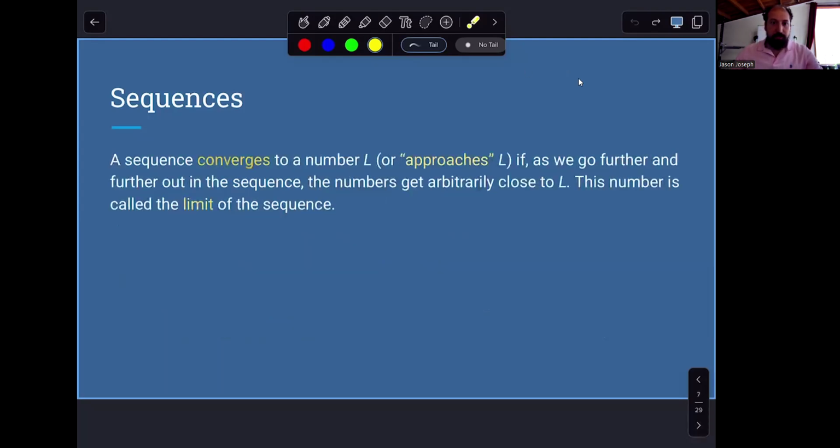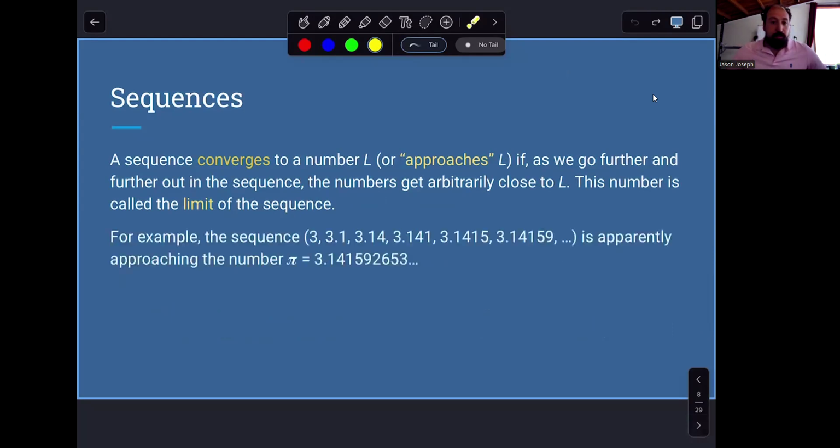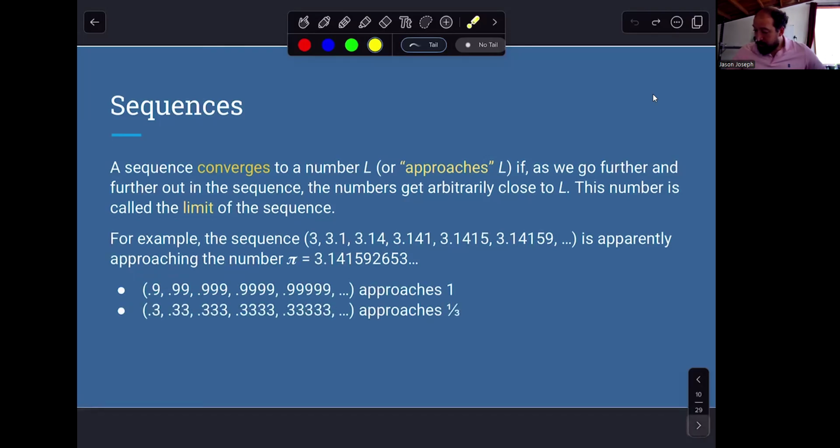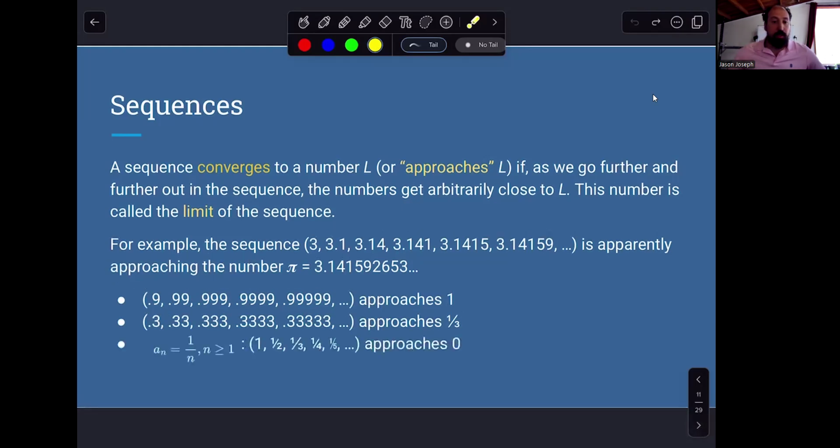Here we go. A sequence converges to a number L if, as we go farther and farther out, the numbers of the sequence get arbitrarily close to L. And then we call that the limit of the sequence. So, for example, this sequence is apparently approaching the number pi. Here's a few more: a sequence approaching 1, 1/3, and the sequence 1 over n approaches 0 as n approaches infinity.